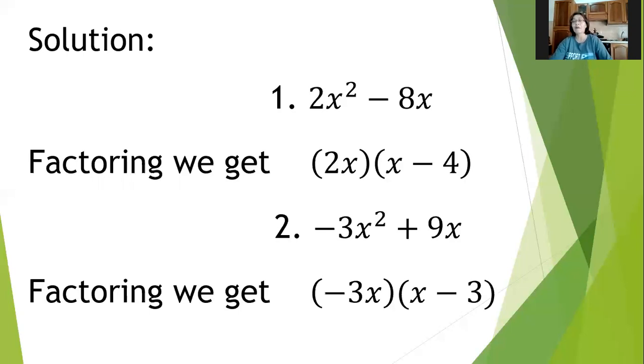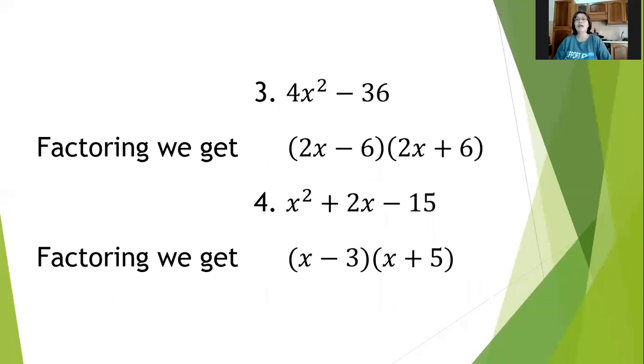Positive 9x divided by negative 3x is equal to negative 3. To check, negative 3x times x is negative 3x squared. Negative 3x times negative 3 is positive 9x. Is that clear?